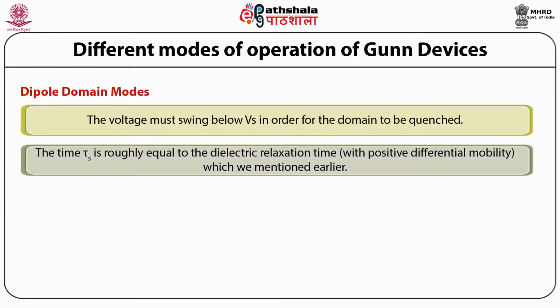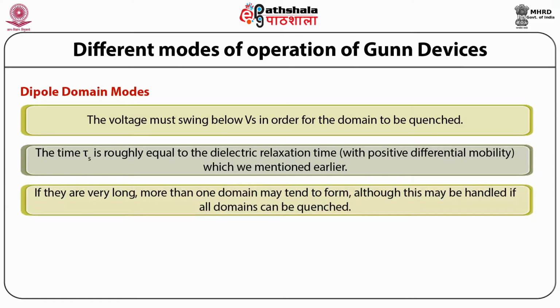So the time tau s is roughly equal to the dielectric relaxation time with positive differential mobility, which we mentioned earlier. The devices can be made longer since the transit time condition no longer applies. If they are very long, more than one domain may tend to form, although this may be handled if all the domains can be quenched.